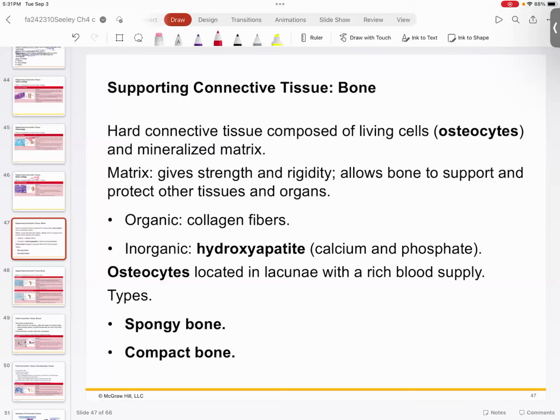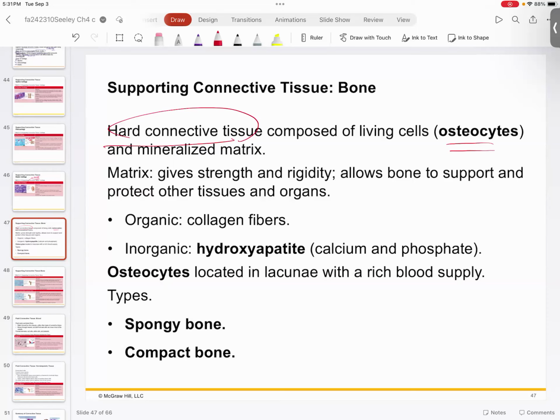Okay, now let's take a look at the other supporting type of connective tissue, bone, right? This is different than cartilage in the fact that bone is hard. It's a hardened, calcified type of connective tissue, basically maintained by the osteocytes who lay down a mineralized matrix. Not mineralized first, but it becomes mineralized to create that hardness.